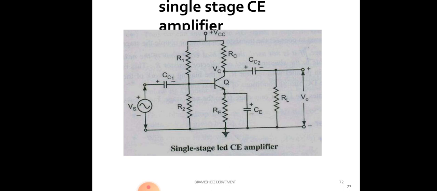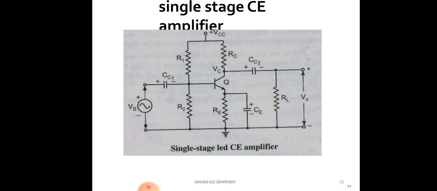Vs is the source signal, which is an audio signal, suppose my voice signal. We represent it with Vs, the source signal. C1 is the coupling capacitor, and R1 and R2 are biasing resistors. With the help of these two resistors you can make the transistor operate in the active region. RC is a current limiting resistor, and RE is the stability resistor.